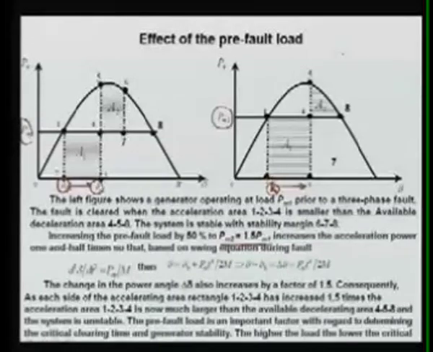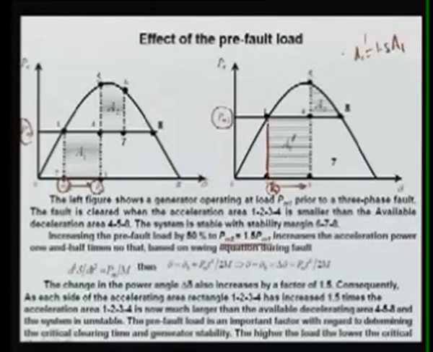Now you can see area A1, for which the time is the same. This area is increased by 1.5 times. This area was A1, and now A1 prime will be 1.5 times A1, because this height is increased by 1.5 times, while this axis is the same.